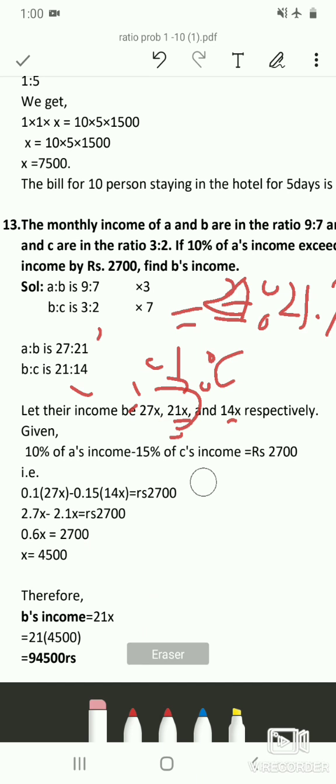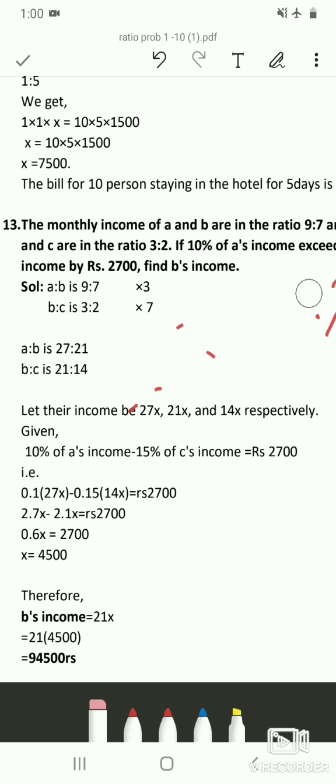If they had asked to find A's income and C's income, you would just multiply 27 into 4,500 for A, and for C's income it is 14 into 4,500.